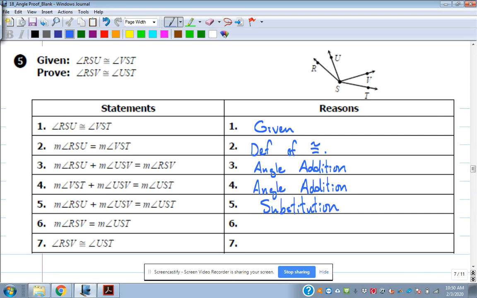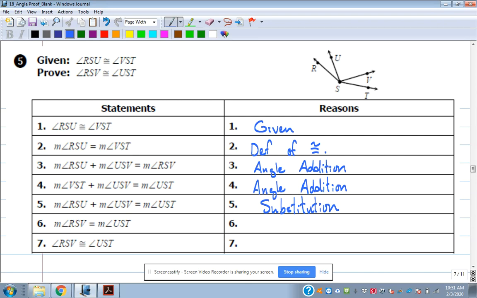And then RSV is equal to RSU plus USV. So yeah, we substituted here with those 2, and then we know that this is also equal to this, right?